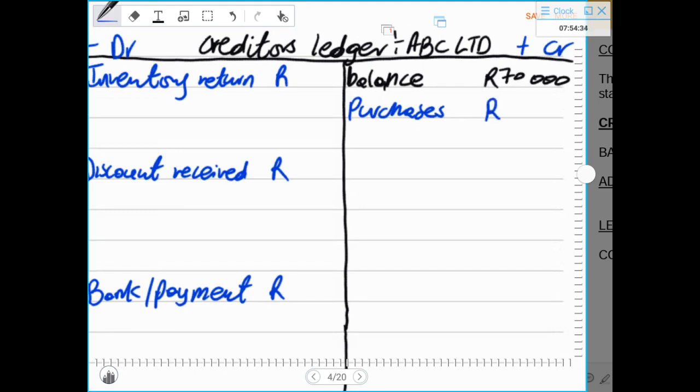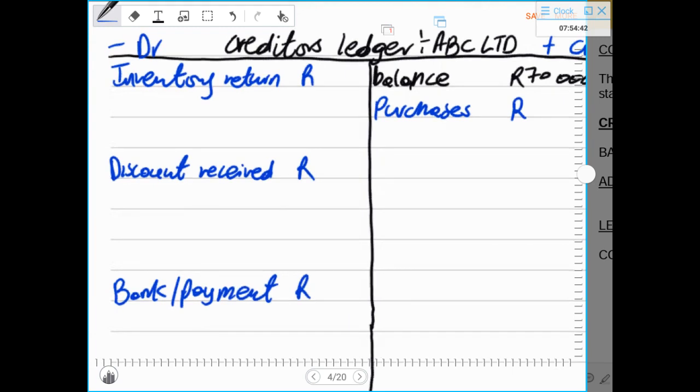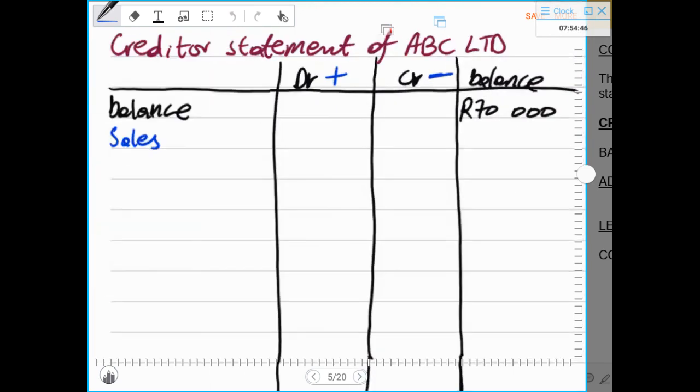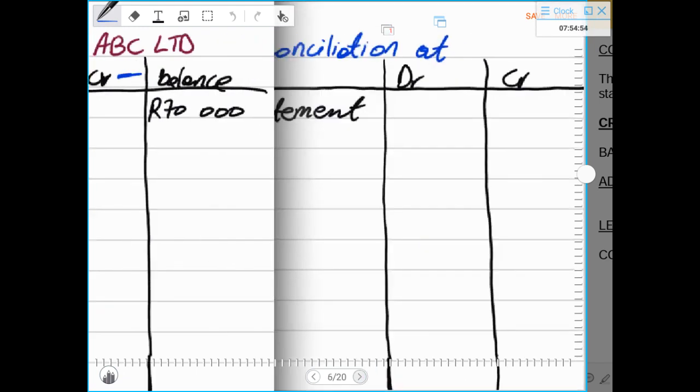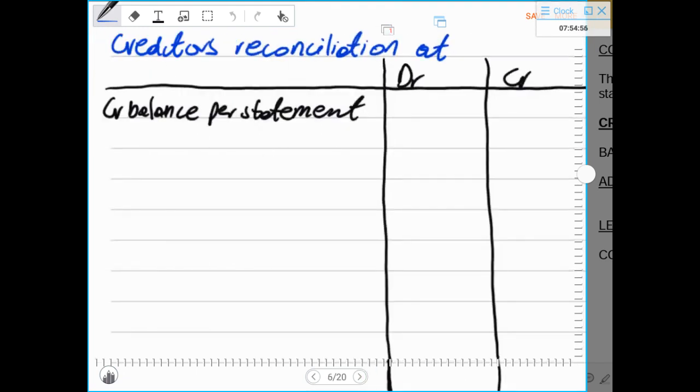And please do remember, once again, as I said, that everything that I will be recording in the creditors ledger will be correct, so that if this is correct, it means my information recorded in the creditors statement must be incorrect, so that if this statement is incorrect, I can do my creditors reconciliation.